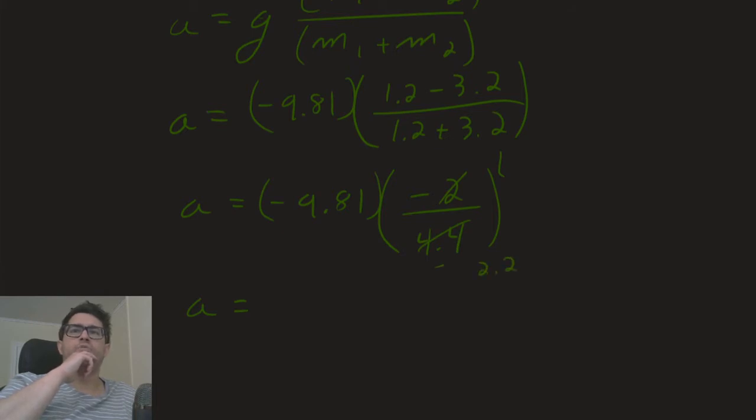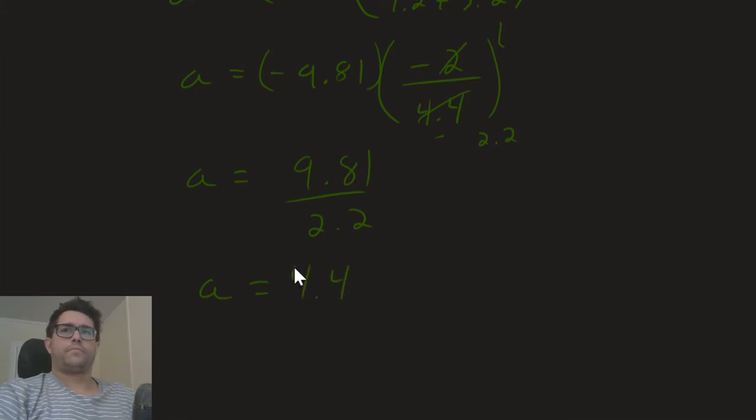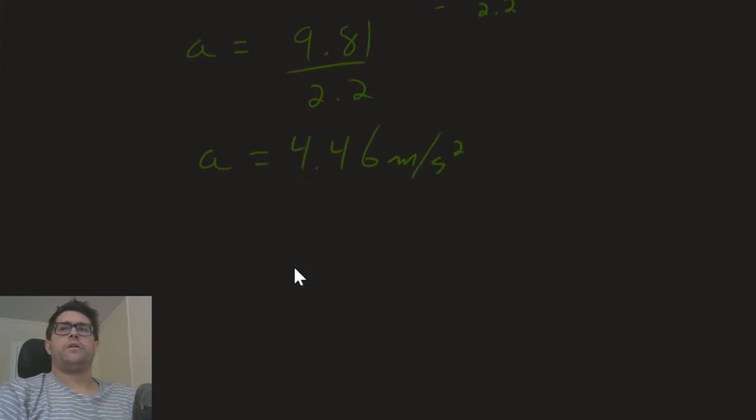The minus goes away, the 1 times this is this. So all you're left with is 9.81 divided by 2.2. The acceleration is 4.46 meter per second square.